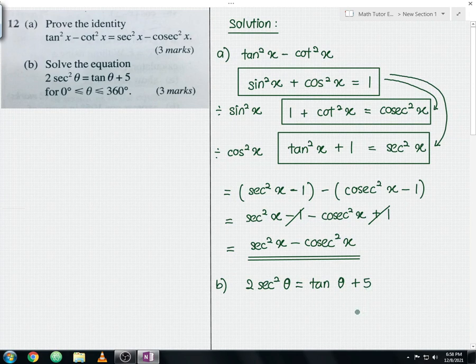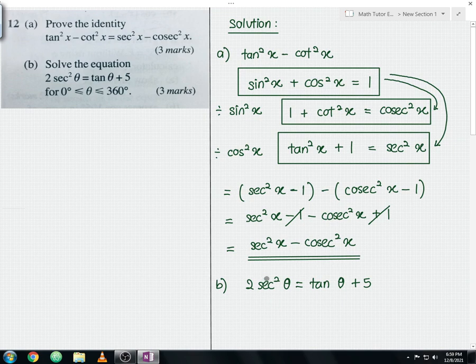For this question also we're going to use the basic trigonometric identities, guys. The first step, whenever you see more than one trigonometric function in one equation, is to make them all into one type of trigonometric function.